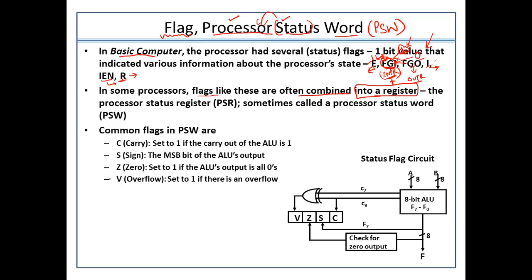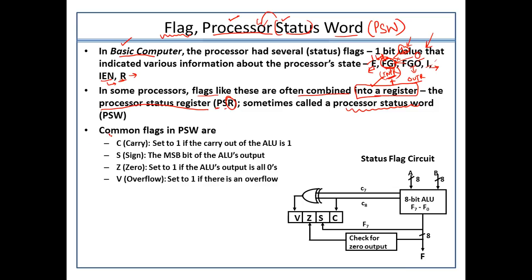Let's suppose the configuration is similar to the basic computer. What we are doing is holding all these values in one register, and we call this particular register the processor status register, or sometimes the processor status word, because in this register I am holding the entire status of the processor.